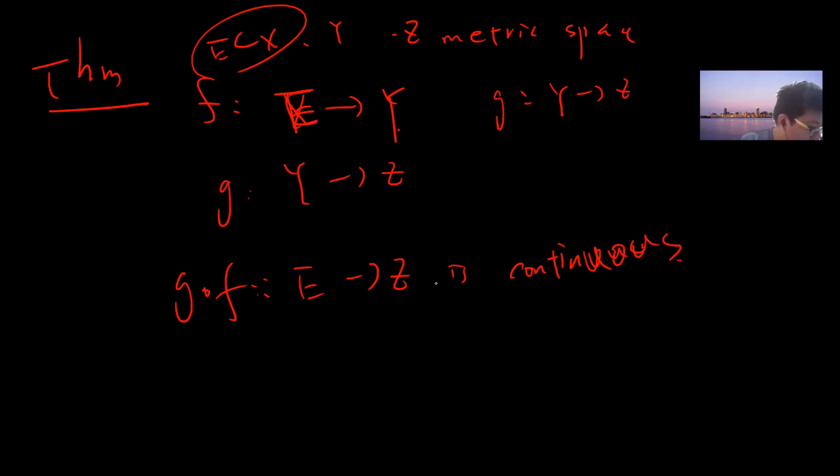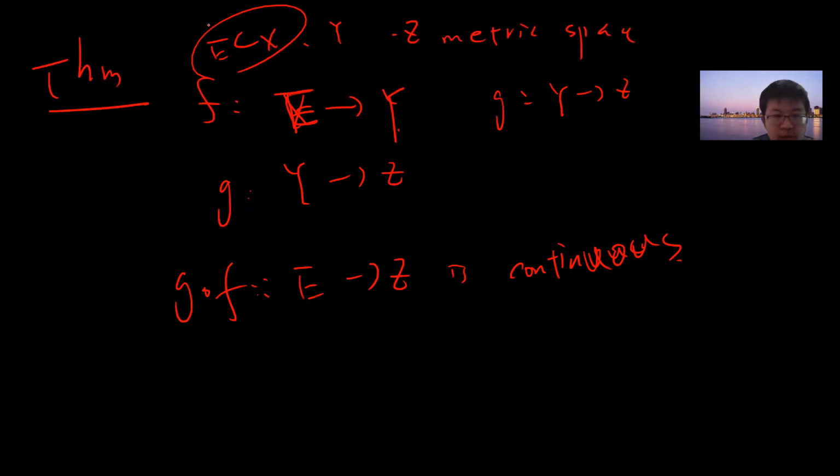Okay, so the proof. Let's say for epsilon greater than 0. Let's prove continuity at this point p, right? So suppose this is p.